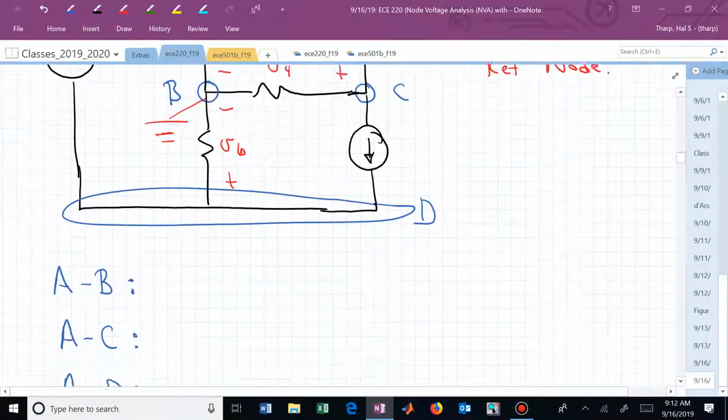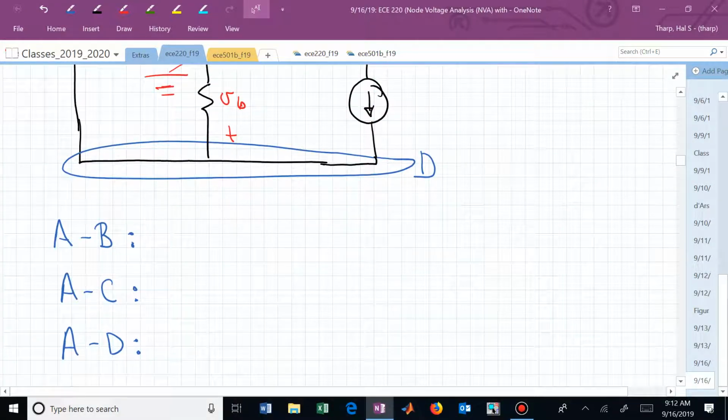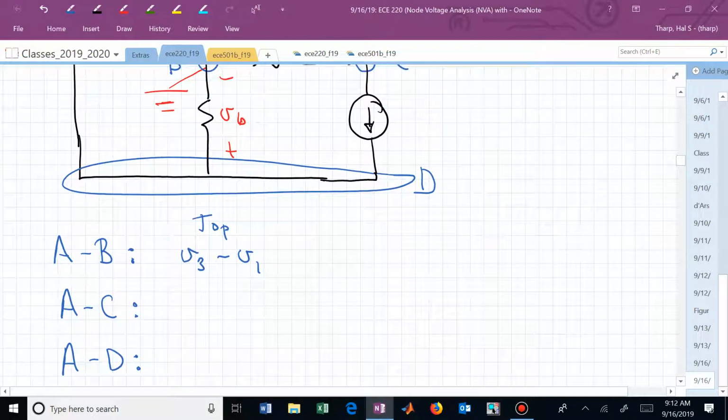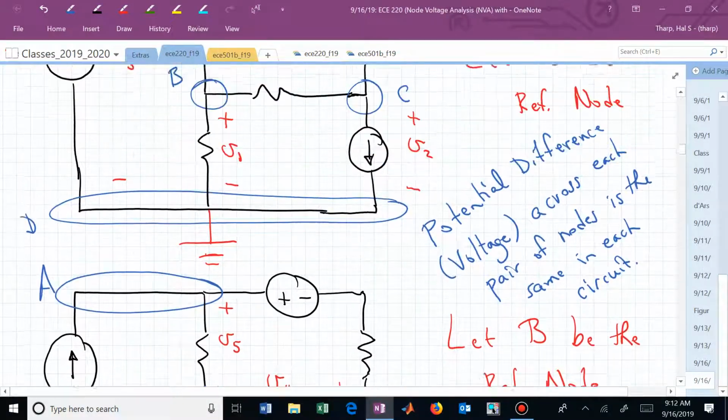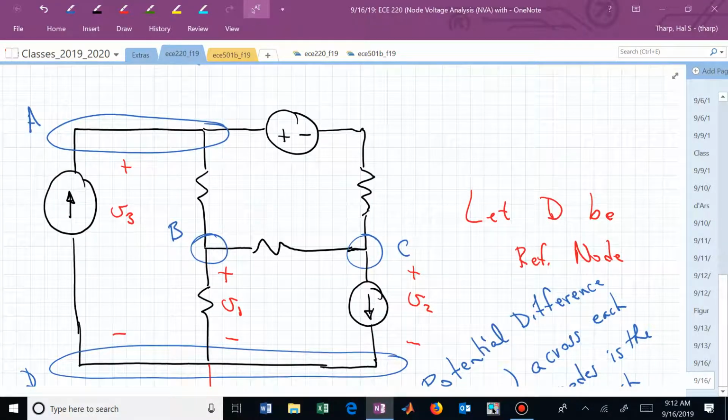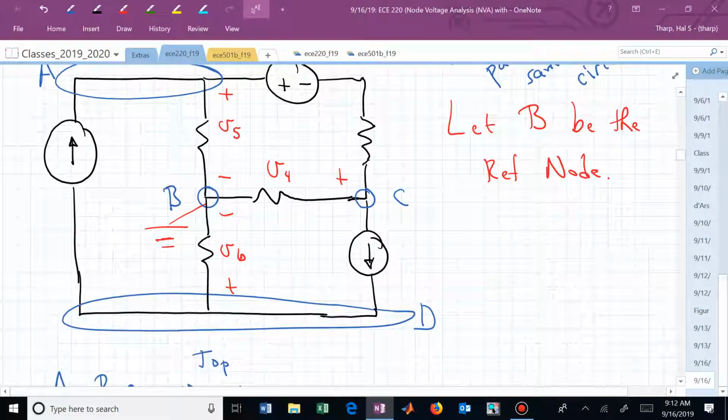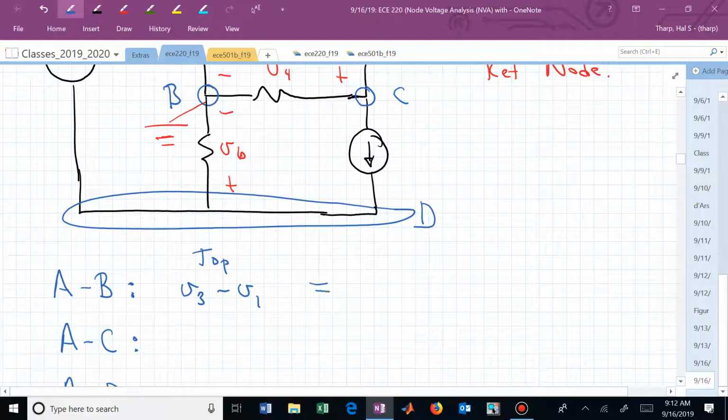So let me write that down. This is now from A to B in the first circuit. Here's the top circuit. That was V sub 3 minus V sub 1. What if we do that in the bottom circuit? Here we're going to say equal to. That's what we're suggesting.